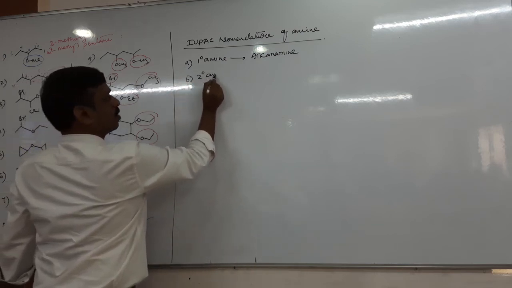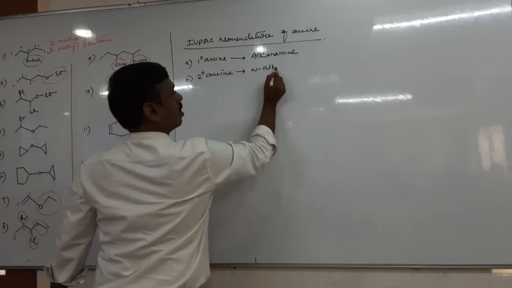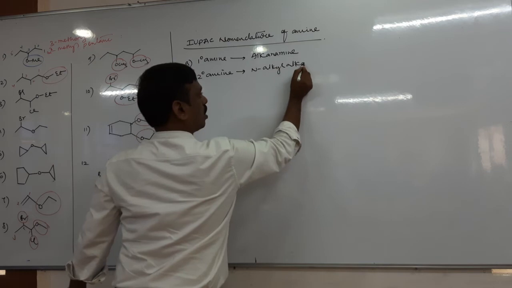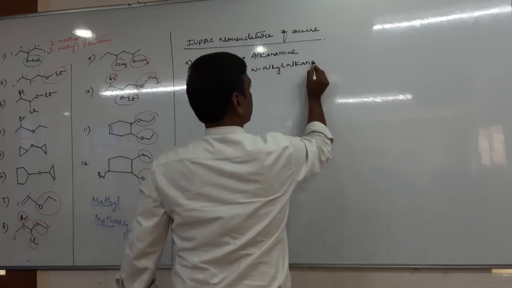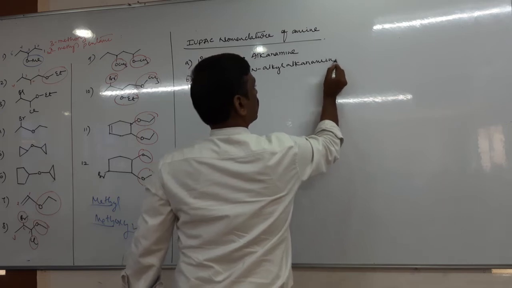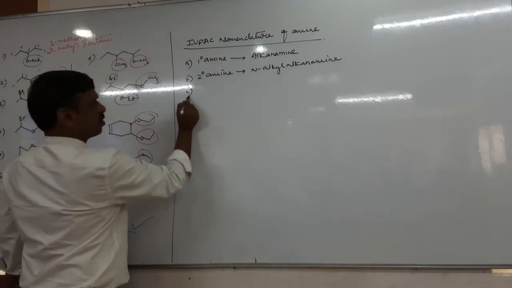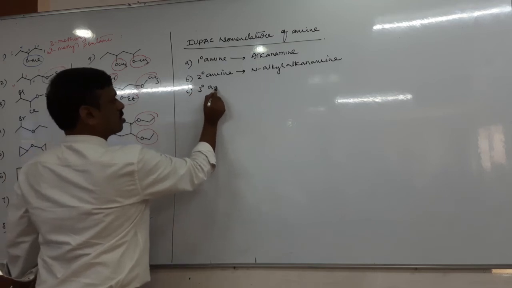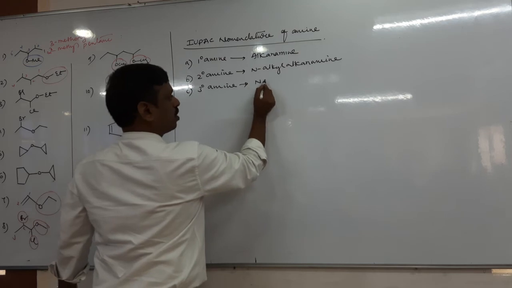Next, secondary amine. It is an N-alkyl alkanamine. N-alkyl alkanamine. Next, tertiary amine. So what is the IUPAC name of tertiary amine?